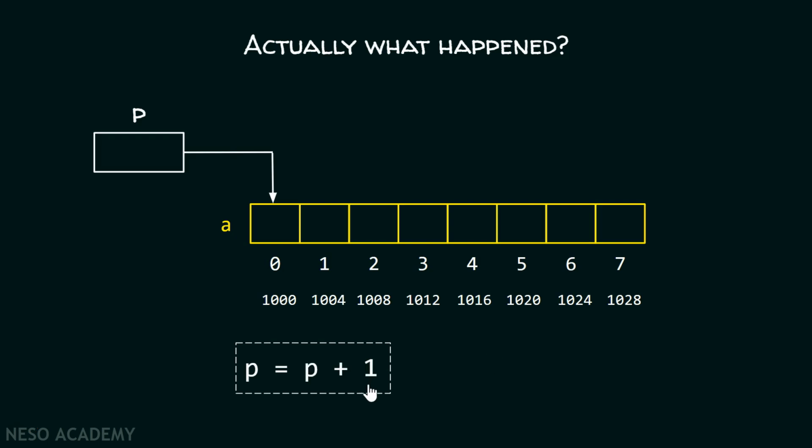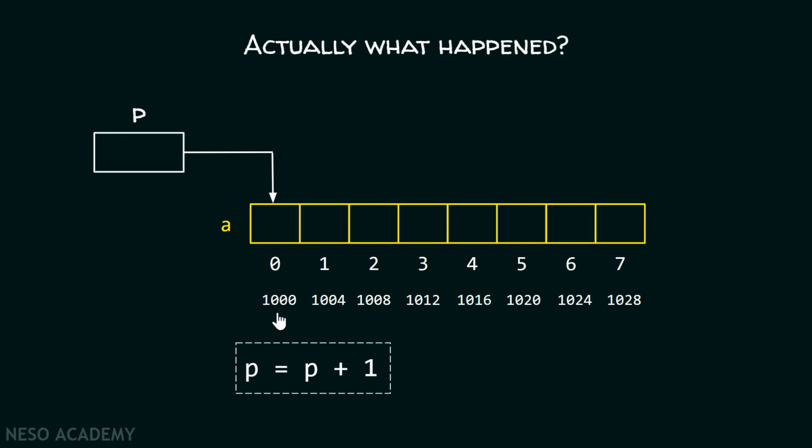Now, if we add an integer 1 to it, then what will happen? We cannot simply add 1 to 1000. It will just give 1001. But we know the meaning of P equals P plus 1: the pointer has to move 1 position in the forward direction. That means it has to point to the next element of the array, and we know the base address of the next element of the array is 1004.